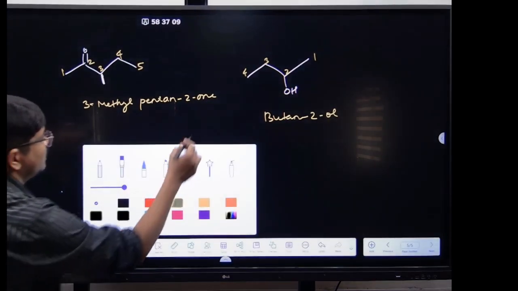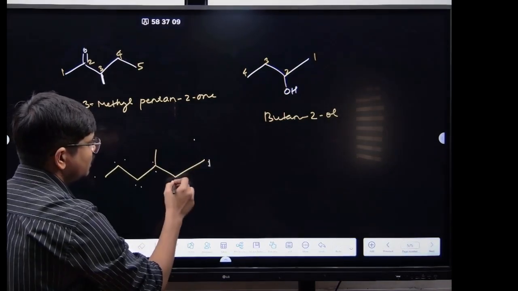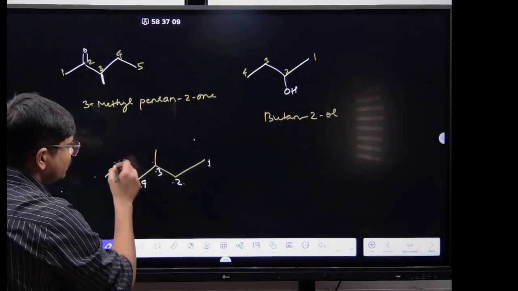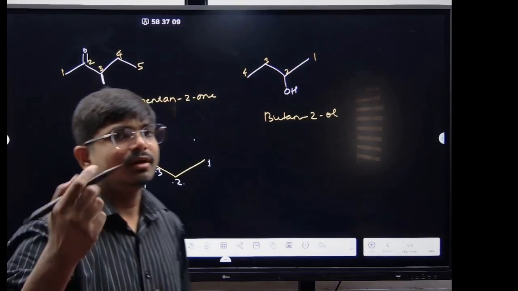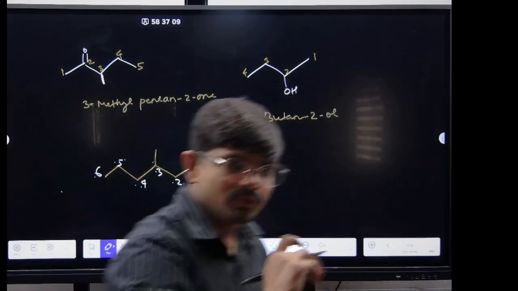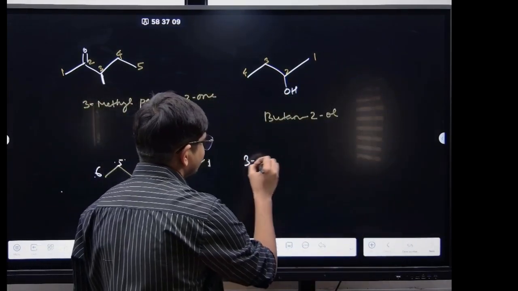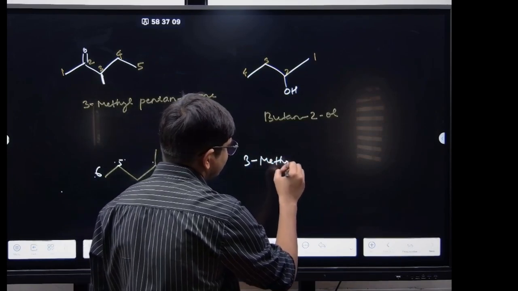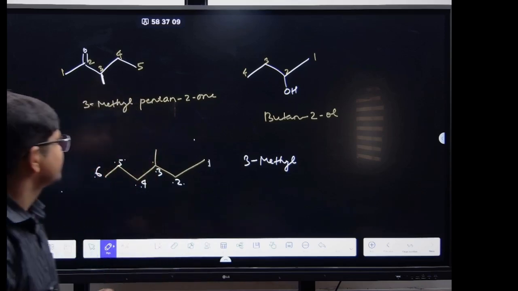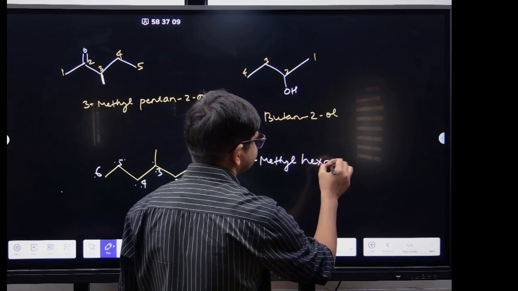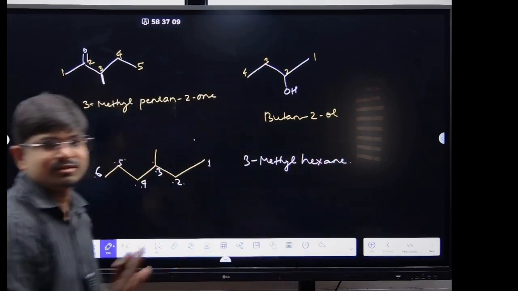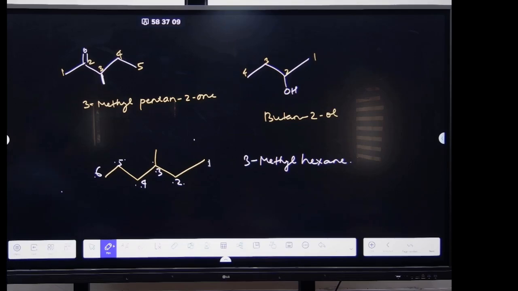So 1, 2, 3, 4, 5 and 6. First you have to write the prefix, which means the substituents. So 3-methyl, then hexane. So 3-methylhexane. Understood these things? Any problem? Did everyone understand up to here?